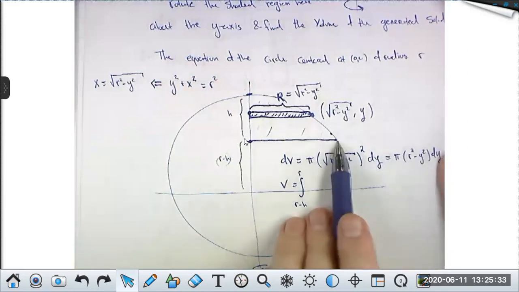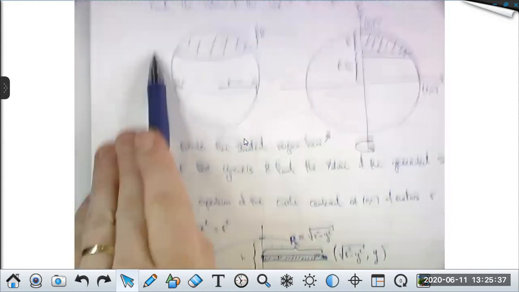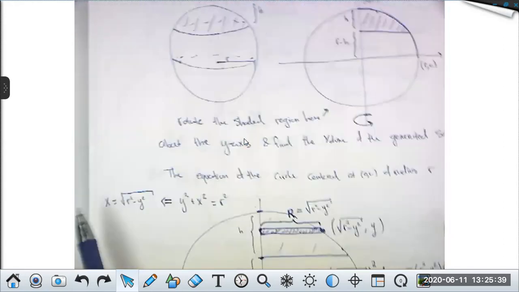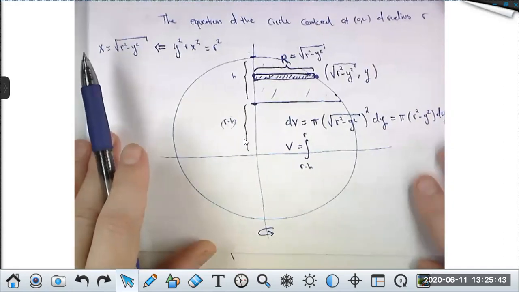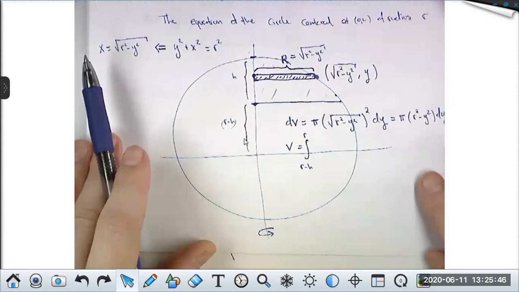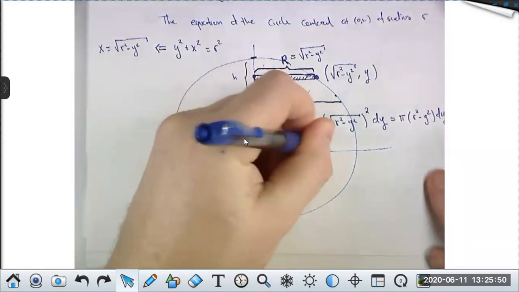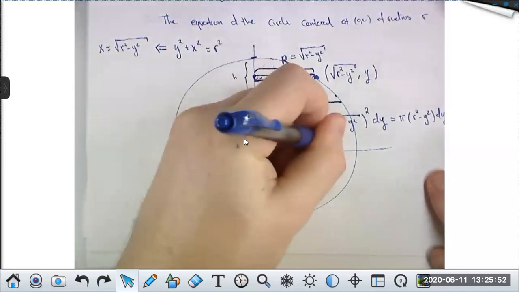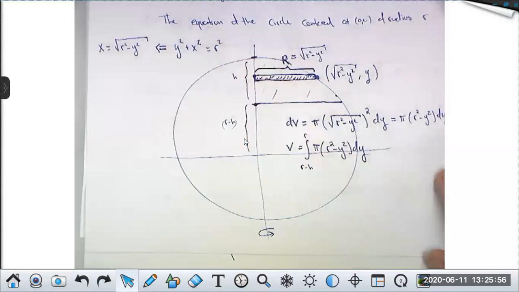This horizontal line right here is where the cap of the sphere is being cut. If our height is r, then the height minus h, okay, that makes sense. This will be pi times R squared minus y squared.